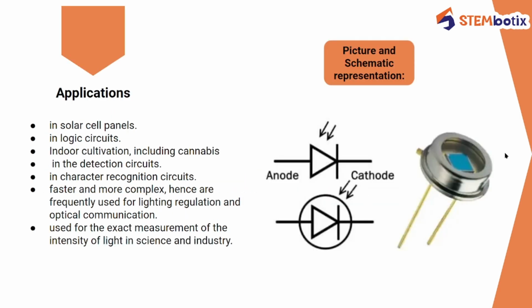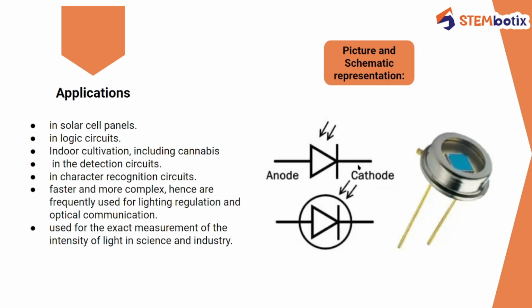So this is how a photodiode looks. This is the pictorial representation of photodiodes, and this is the schematic representation. In the schematic representation, you can see that it has a reverse arrow direction over here.